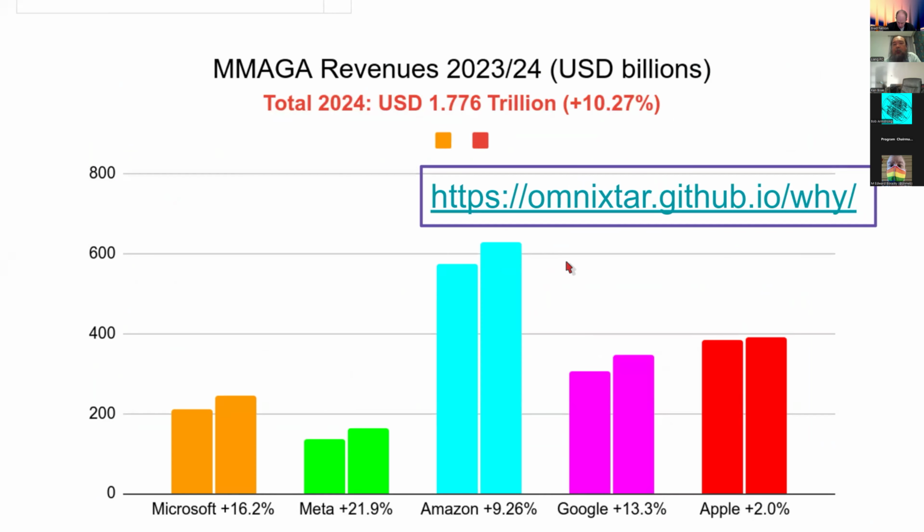Okay, now this slide is what I use to explain why we want to do this. I call this the MAGA, as in Microsoft, Meta, Amazon, Google, Apple. I'm from Malaysia, I don't understand much about politics in the US, so I hope I don't offend anyone here. Anyway, I just want to show you that their total revenue is 1.8 trillion.